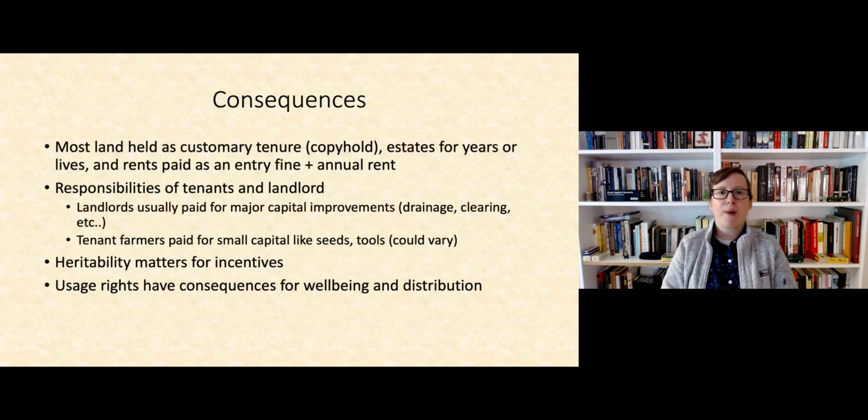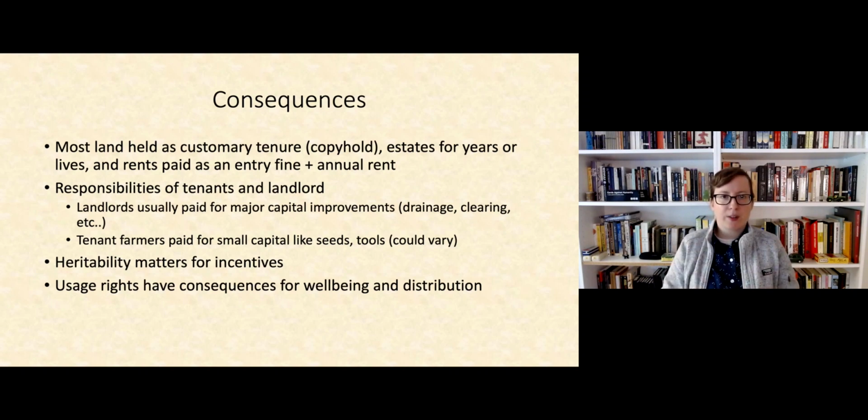So let's talk now about why this matters, why I spent so much time talking about it, okay? By the period that we're going to be discussing, by the 17th and 18th centuries, most land in England was held as customary copyhold tenure with estates for years or lives, and rents were paid as an entry fine plus an annual rent. This entailed a particular division of responsibilities between landlords and tenants.